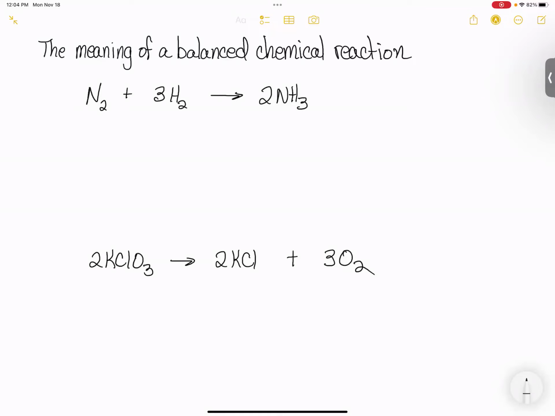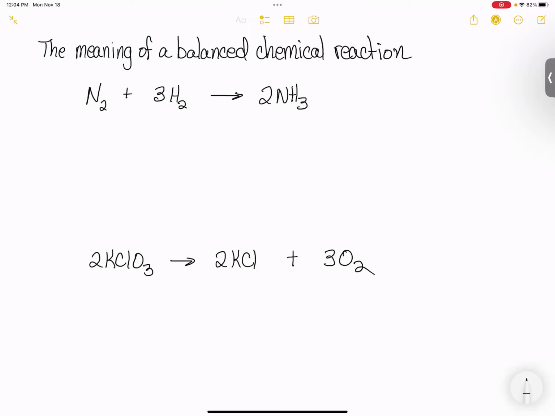Mass cannot be created, nor can it be destroyed. Each element has its own mass, so the number of that element on the reactant side has to be equivalent to the number of that element on the product side, so that mass is not created nor destroyed.